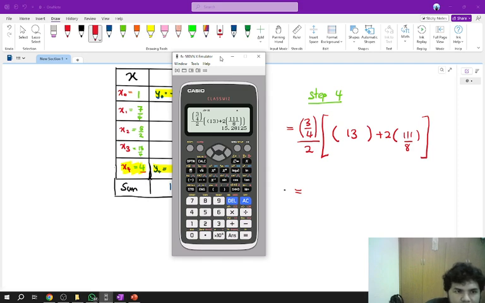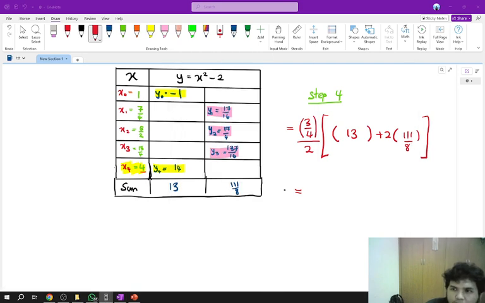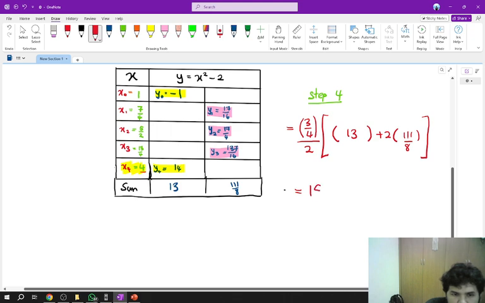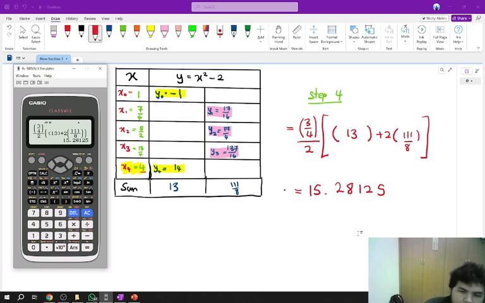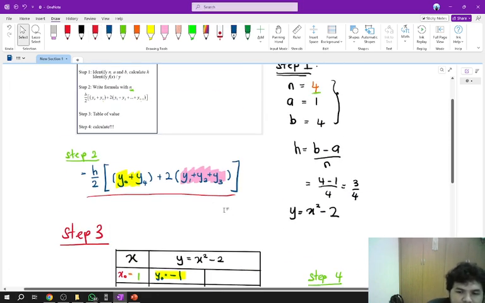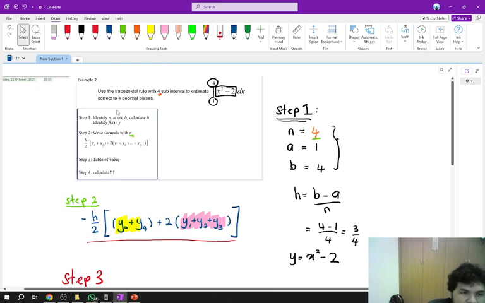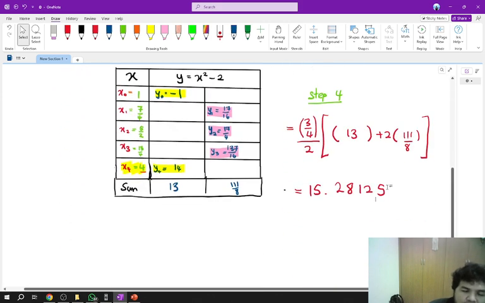The answer is 15.28125. This is not the final answer yet, because we need to answer the question, which asks us to give the answer correct to 4 decimal points.